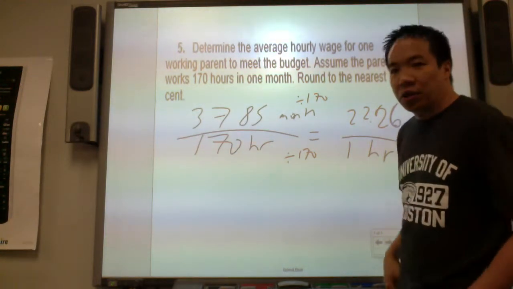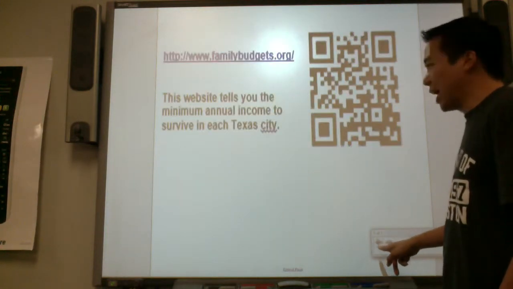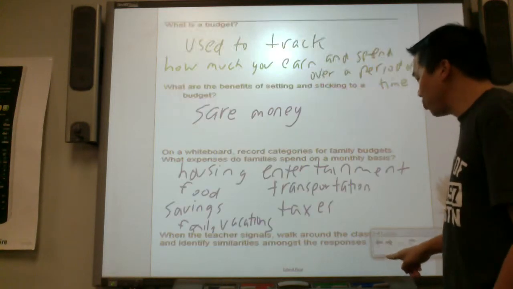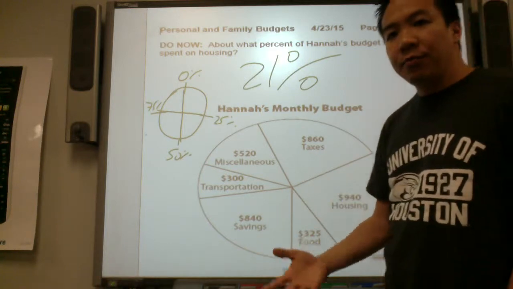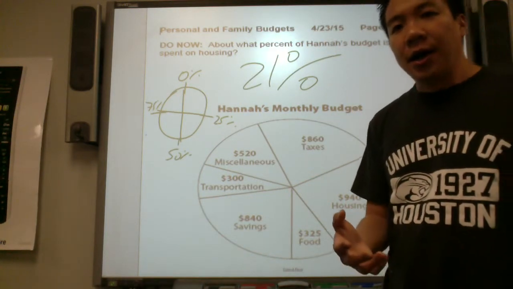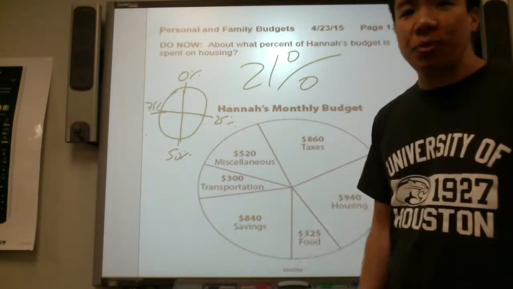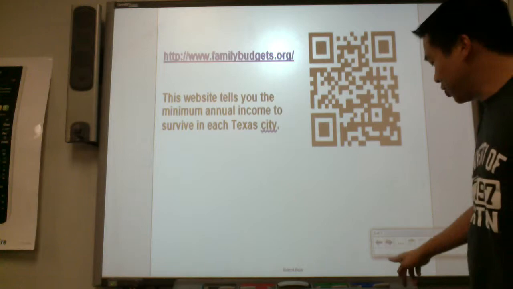So the main thing we learned today is, given a budget where you track your expenditures and income, how much you spend and earn per month, you can easily see your categories and how much you spend. Sometimes you might have to readjust your budget. Then we learned how to do percents again. We've been working with percents for a long time.